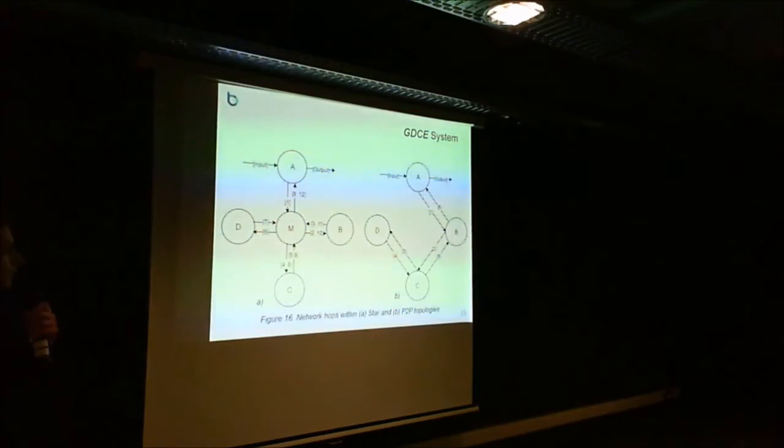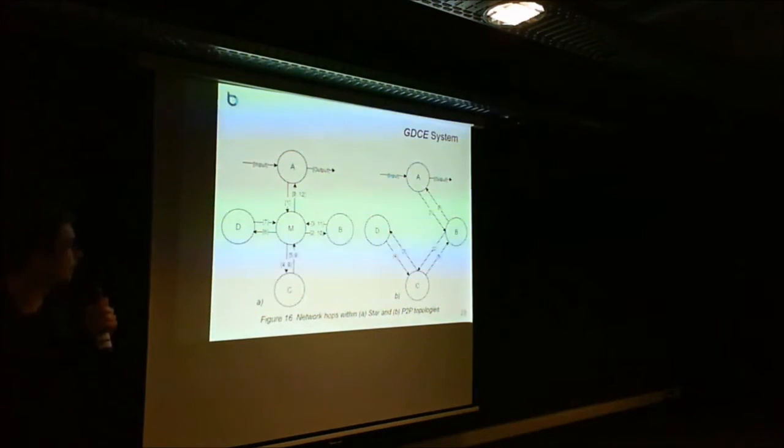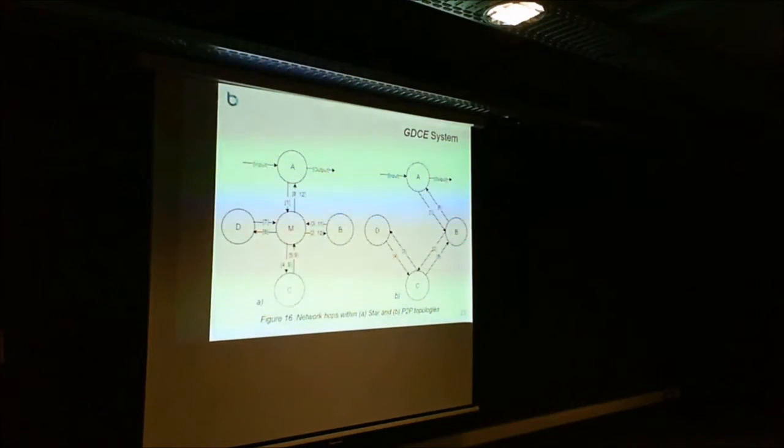In the case of a centralized system, as you can see in picture A, we've got a master node in the middle that is responsible for processing all the communication happening within the system. Imagine we have a remote procedure call to execute that originates at node A, goes to node B, to C, D, and all the way back. We would need 12 network hops to perform this operation.